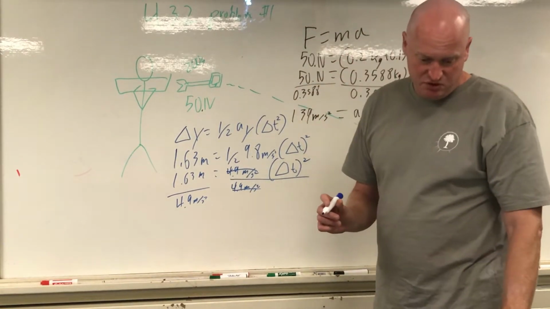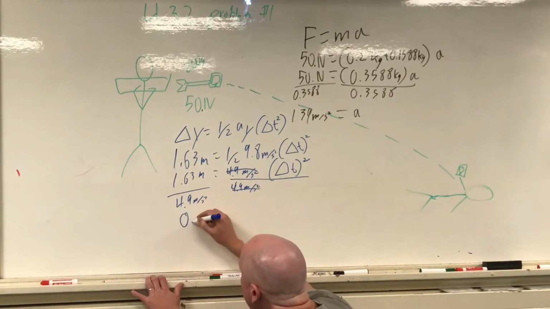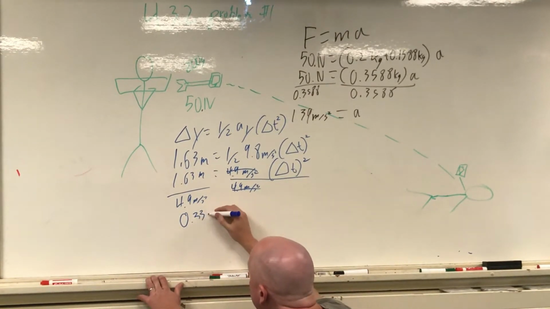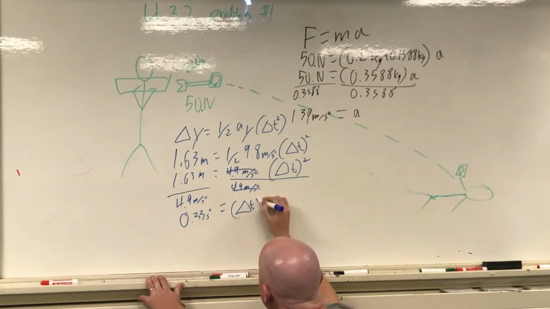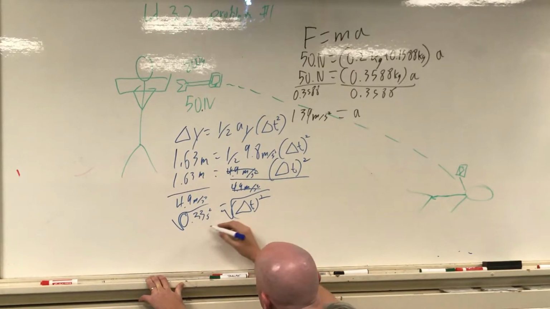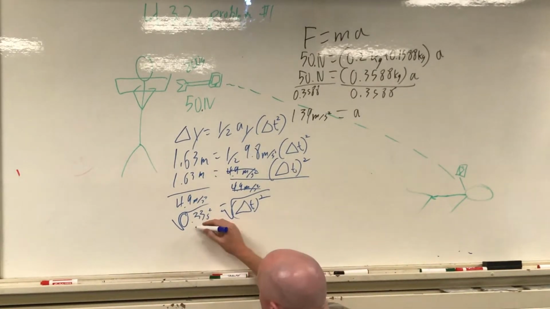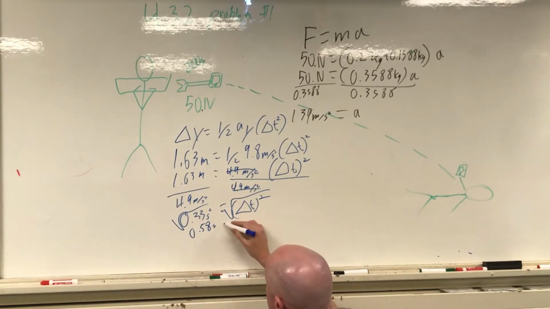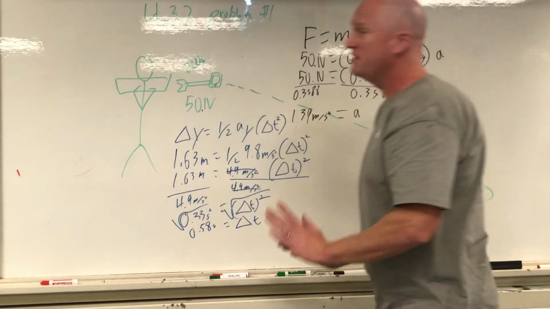Now, doing this, I get 0.33 seconds squared equals delta t squared. Take the square root of both sides, and I get 0.58 seconds equals delta t. So now we know delta t.